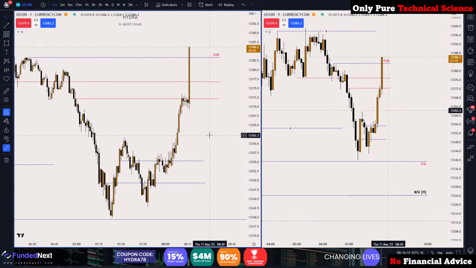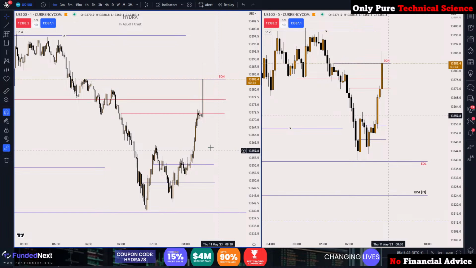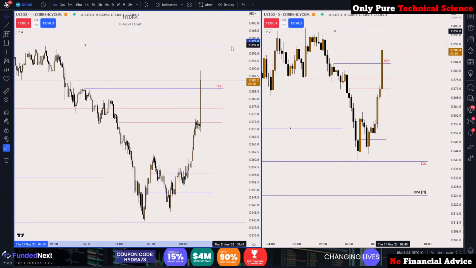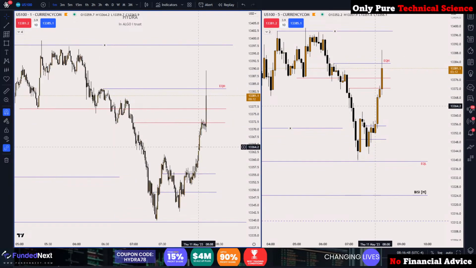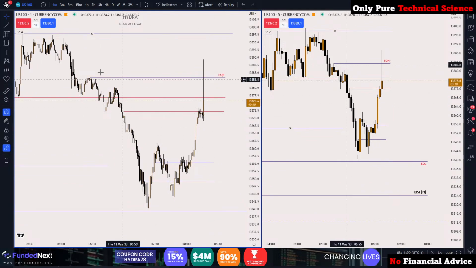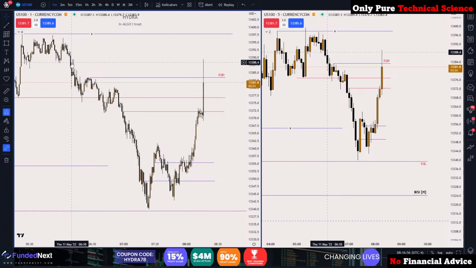but let's wait to see price manipulating. Okay, and you can see the price delivered relative equal highs here. It's good, you know, when price does something like that, like clearing out relative equal highs, then it gives us a clean analysis towards the sell side as we see these relative equal lows. And price came up, hit this fair value gap, 1 minute fair value gap here.